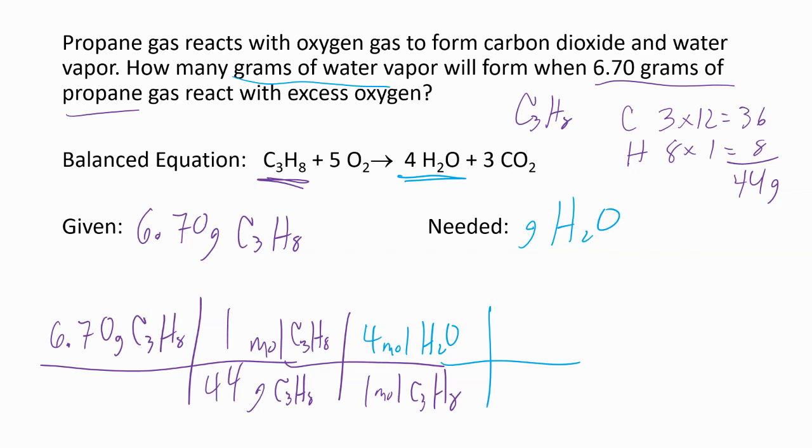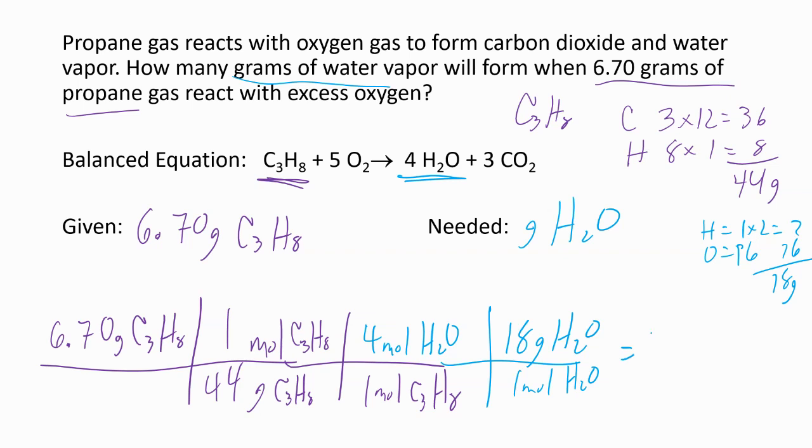So we've used the balanced equation. Now we got to go to the periodic table. And for every 1 mole of water on the periodic table, hydrogen is 1, oxygen is 16. There's 2 of these. So that's a total of 18 grams, right? So that's 18 grams of water for every 1 mole.